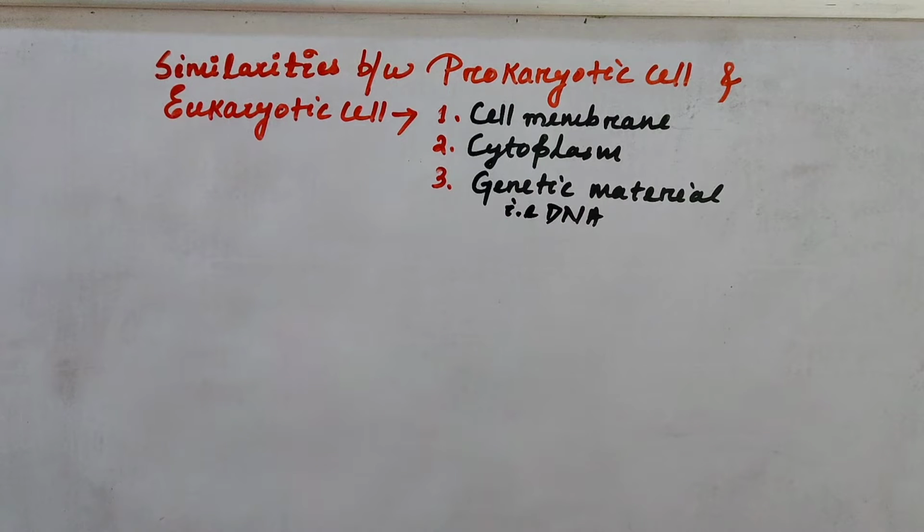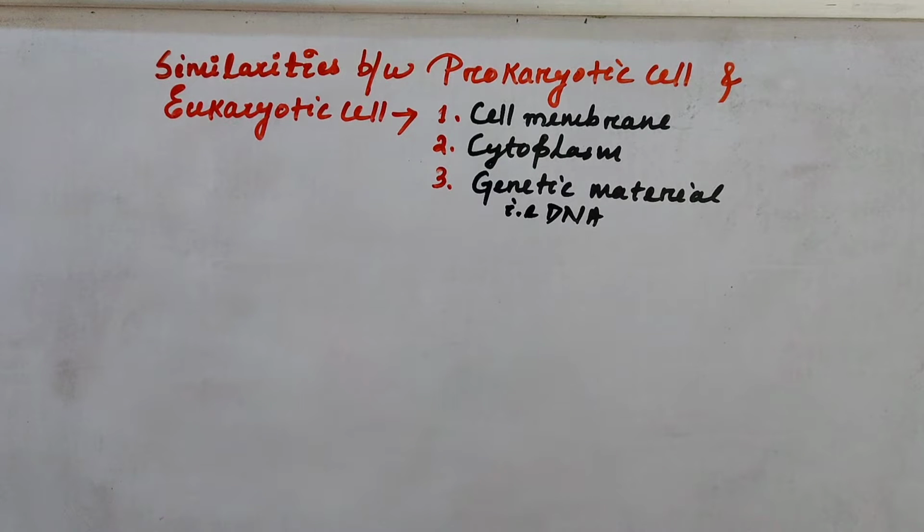As we said, all the varieties of cells lie in two categories, that is prokaryotic cell and eukaryotic cell. So what are the similarities between prokaryotic cell and eukaryotic cell? Number one is the cell membrane. Cell membrane is present in all varieties of cells. The second one is cytoplasm.